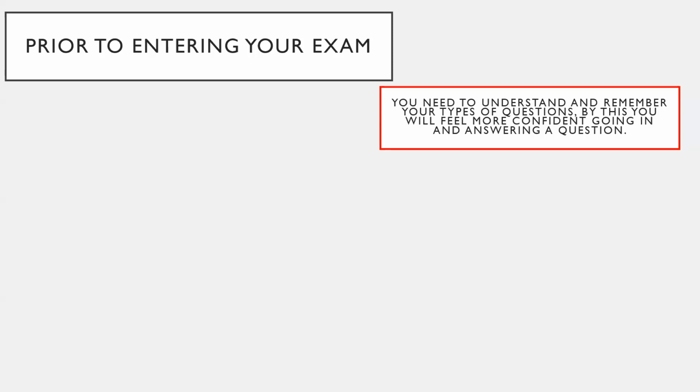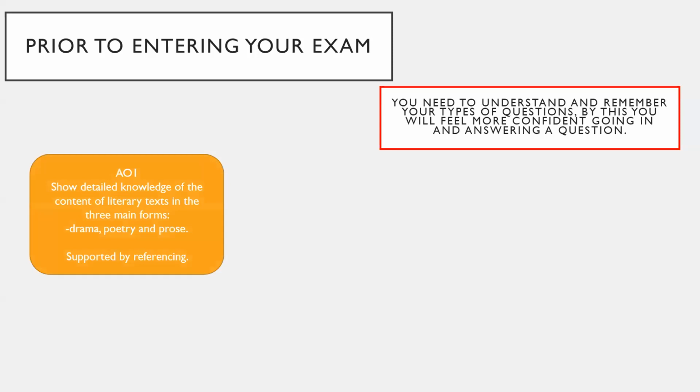Before entering your exam, you need to understand and remember your types of questions. By doing this, you'll feel more confident in answering the question. So we have AO1, which shows detailed knowledge of the content of literary texts in 3 forms: drama, poetry, and prose, supported by referencing.